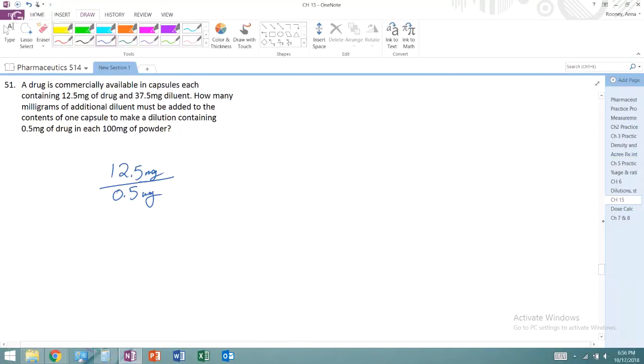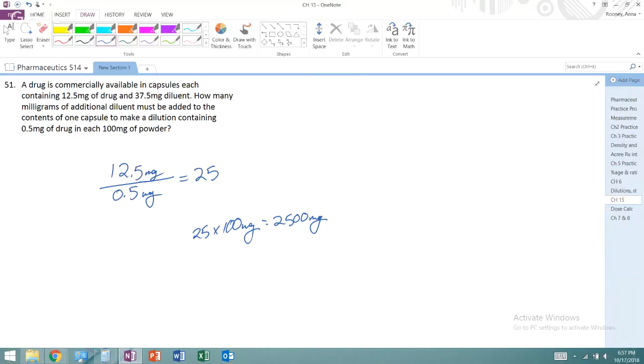Yes, that does equal 25. So 25 parts, and that needs to be per every 100 milligrams. So that is 25 times 100 milligrams, and that's 2,500 milligrams.